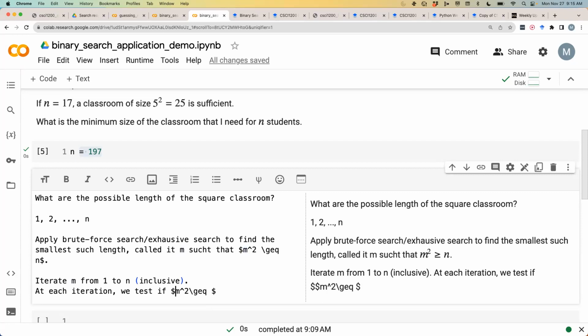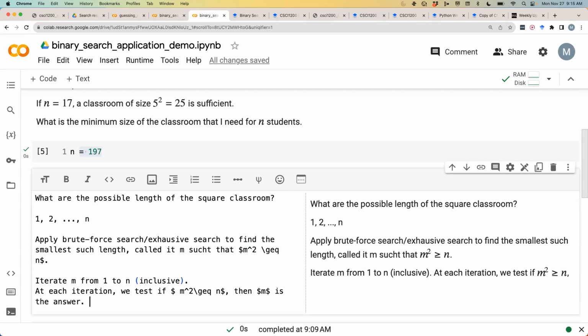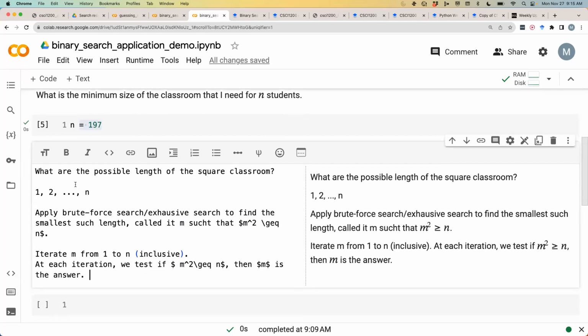If m squared is greater than or equal to n, because we start from the smallest one, which is 1, then m is the answer. Once you find something that is greater than or equal to n, you've found it, because we are looking for the smallest one and we start from the smaller one, from 1 towards the end. Otherwise, we continue with the next iteration.